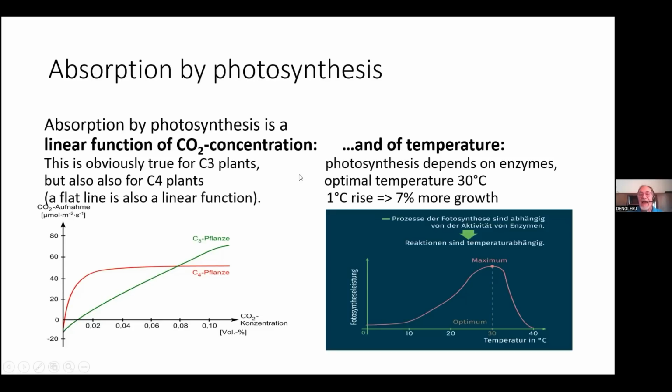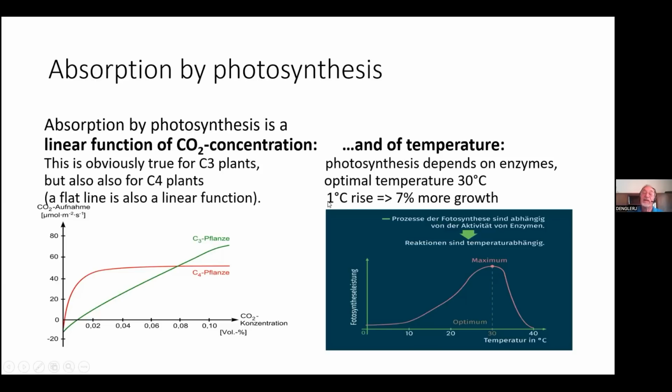And photosynthesis also depends on temperature. The warmer the better, until 30 degrees centigrade. Because photosynthesis depends on enzymes, you can see the ideal temperature is 30 degrees. So for most countries, there is still quite a bit of margin upwards before the plant optimum is reached.